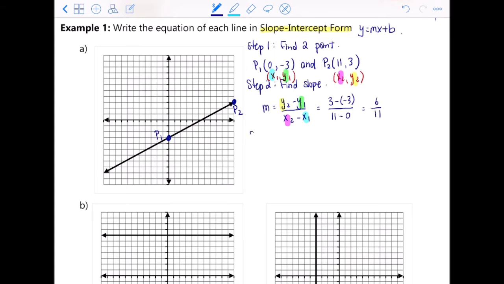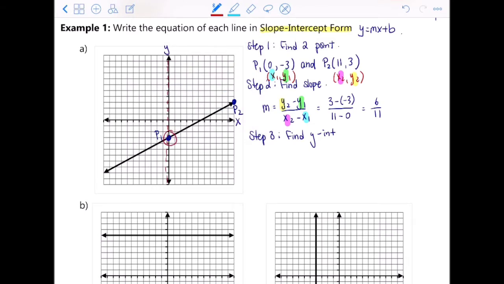Step number 3 is to find the y-intercept. The y-intercept is where the line crosses the y-axis here. So this is the x-axis and this is the y-axis. A point that we can find that's on the y-axis is the y-intercept.